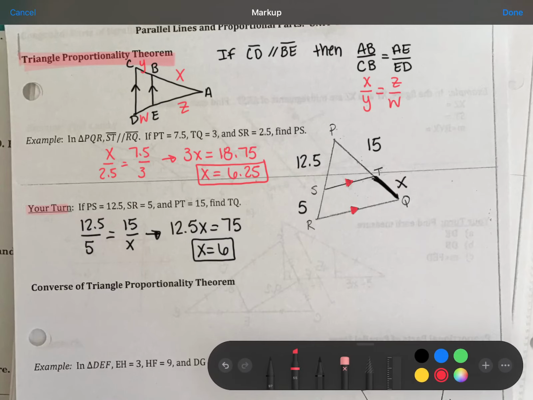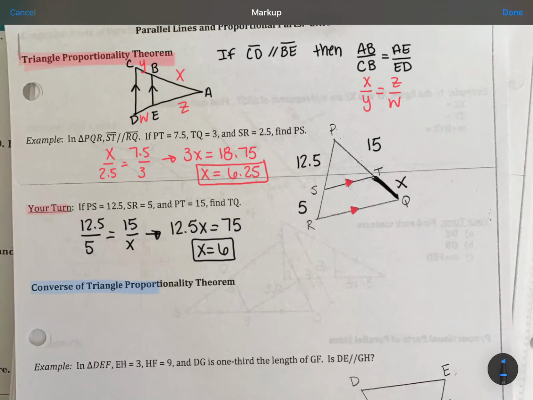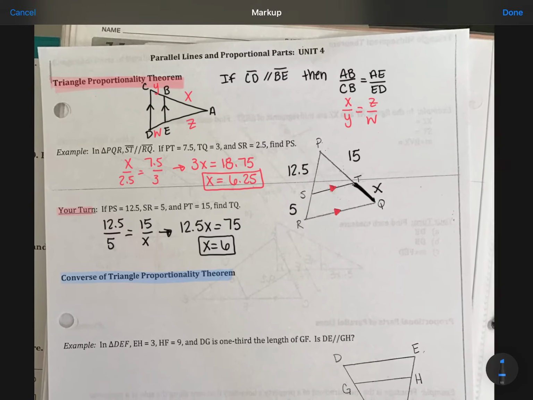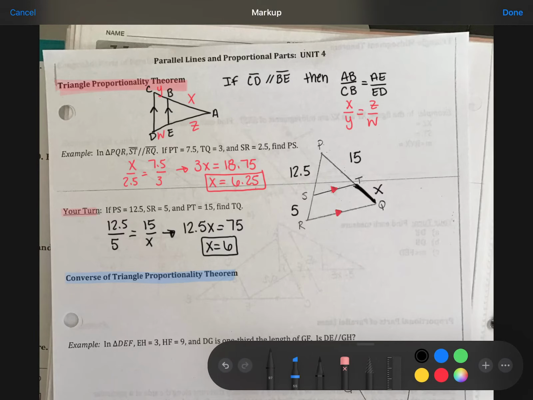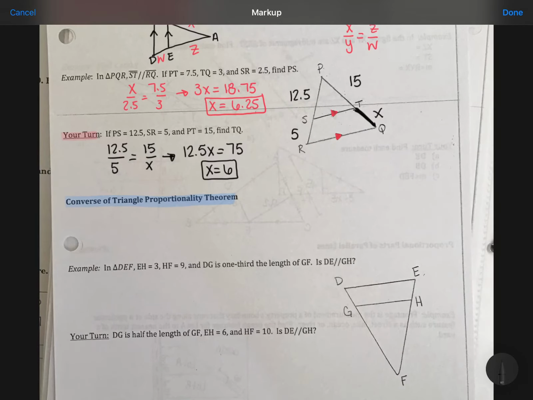Next, we're going to look at the converse of this theorem. The converse basically says if you have sides that are proportional, then the segments are parallel. It's just the opposite of the first theorem. All right, so if I have triangle, we'll call this ABC.